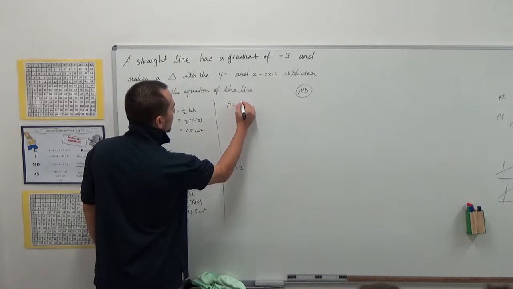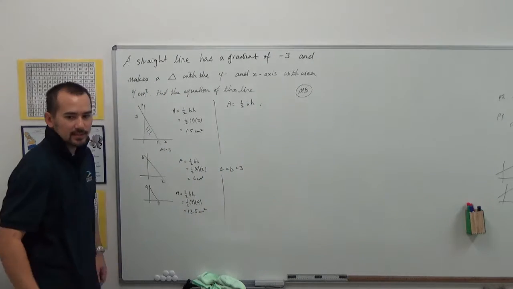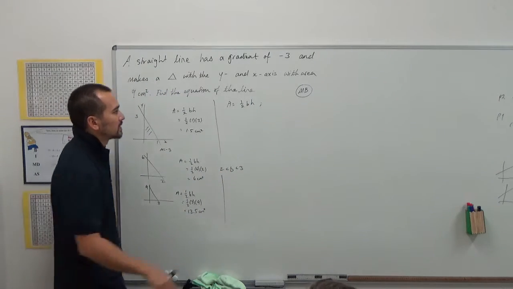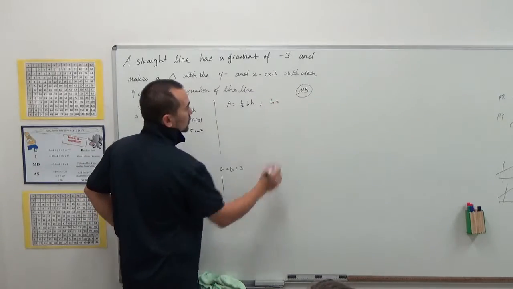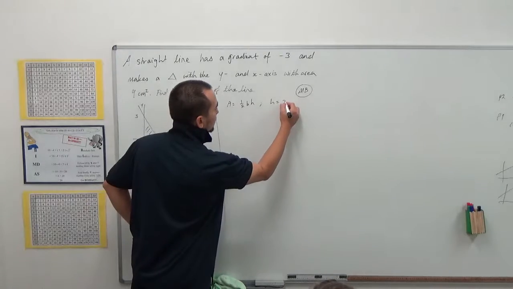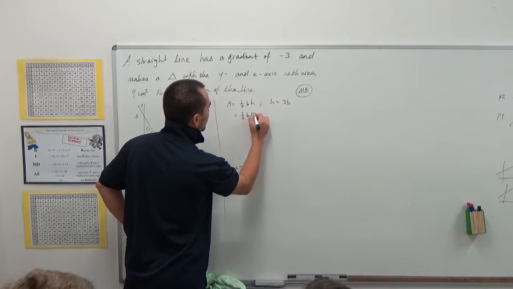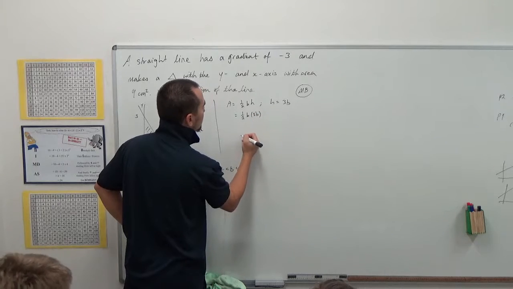The area of a triangle is half the base times the height, and in all of these cases, what is height equal to? 3 times the base, 3b. So half times the base times 3 bases.